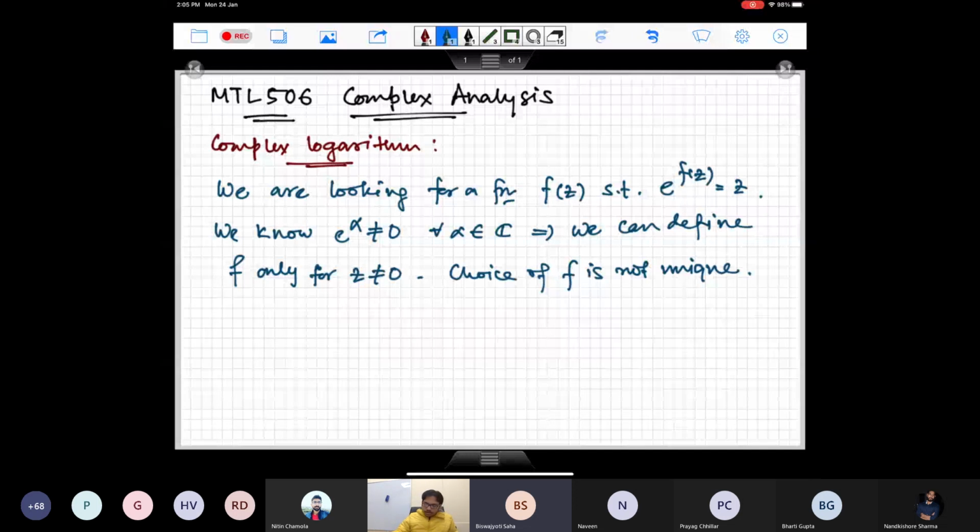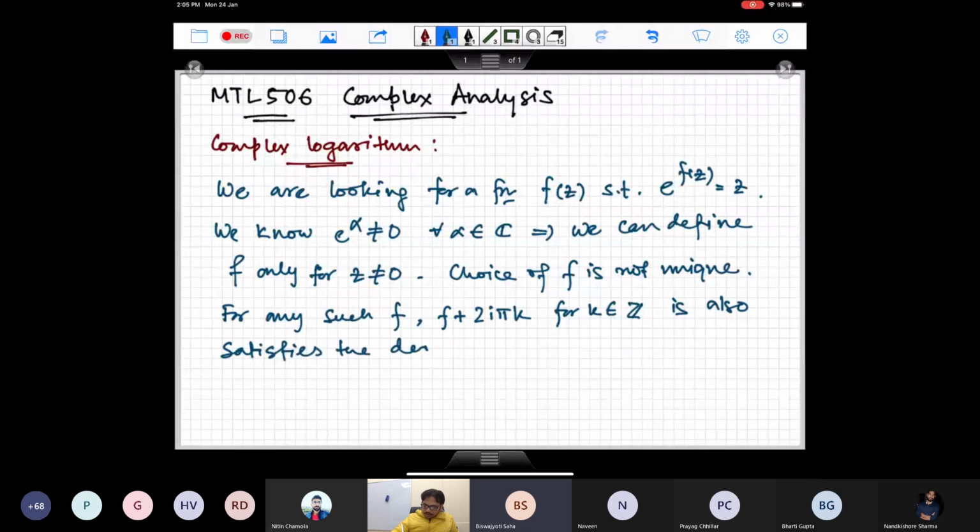So for any such f, f plus 2 pi i k for k in Z also satisfies the desired property. All of you agree to this? Yes, great.